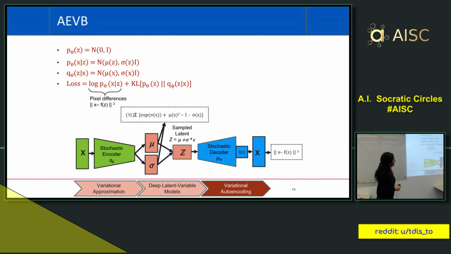The X is fed into the encoder, and you take the mu and sigma. These are the deterministic latent variables. Then they're sampled, and the latent variable is a deterministic function of mu and sigma. It's fed into the decoder, and you reconstruct your input.